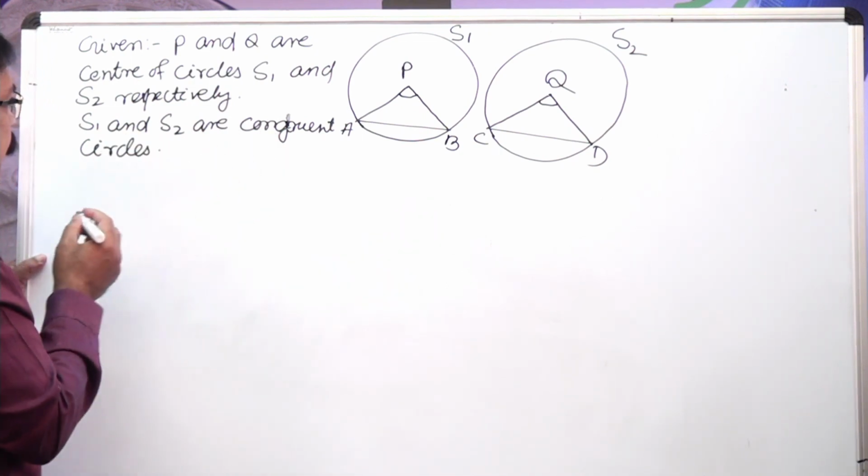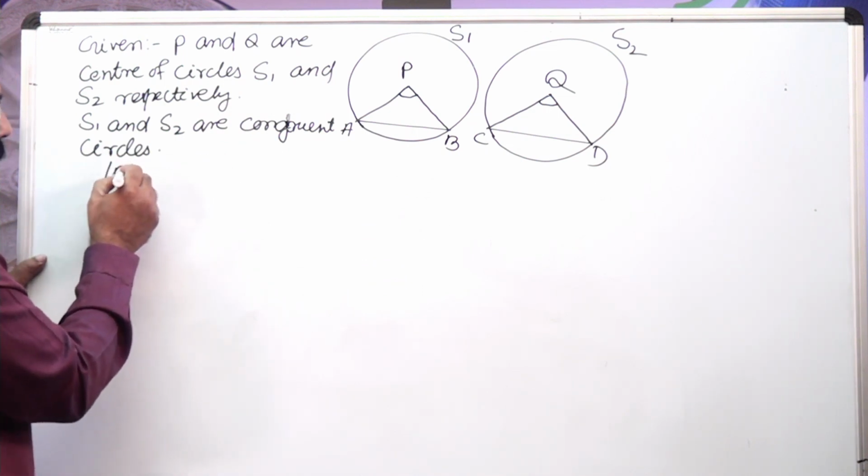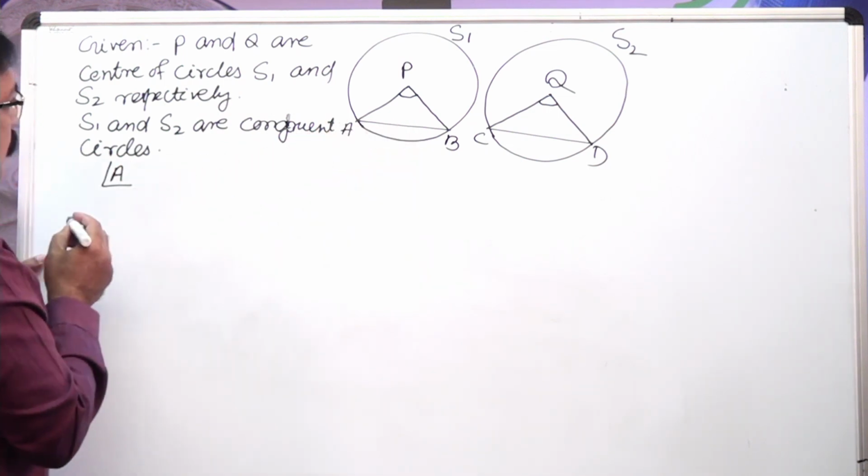Now you see the angle subtended by chord AB.